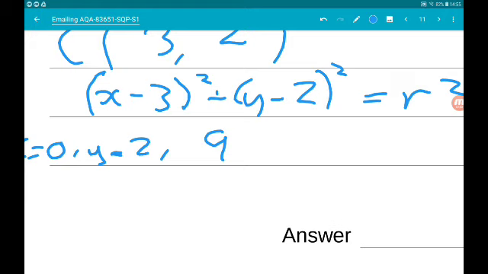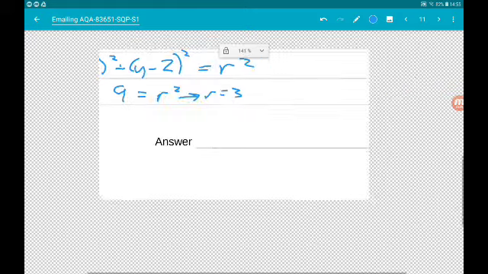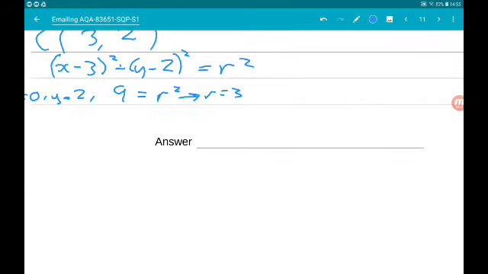Second bracket disappears, 2 minus 2 is 0, so 9 is equal to the radius squared, so the radius is 3. Now the equation of our circle is x minus 3 squared and y minus 2 squared is equal to 9. Go.